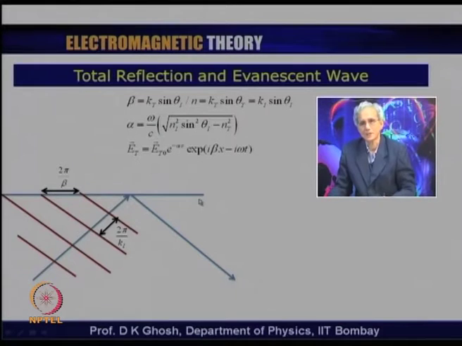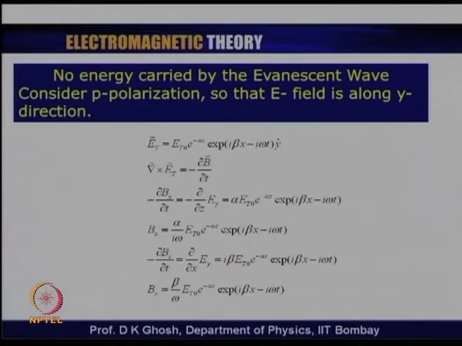Naturally, the question arises: is the total internal reflection one for which there is a transfer of energy to the second medium? Now, what we will prove is that on average there is no transfer of energy to the second medium, and let us look at it this way. So, let us come back to our expression for the electric field.